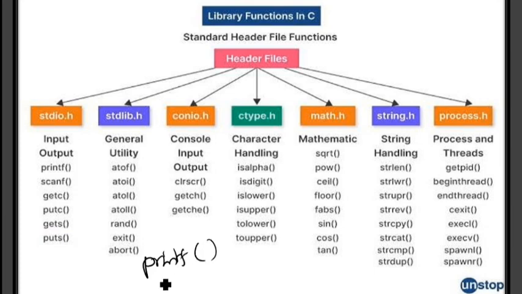Any name which is followed by open and close brackets is nothing but a function. See, everywhere this is there. Anything followed by this open and close will become a function. It may be a user defined function or a predefined function, but any name followed by this means it is a function.